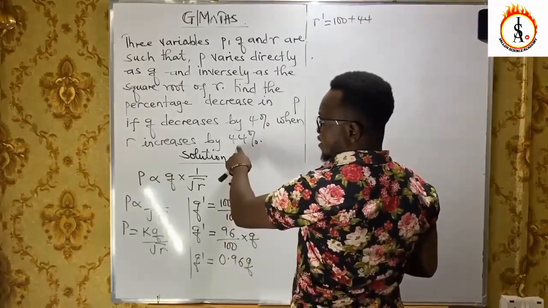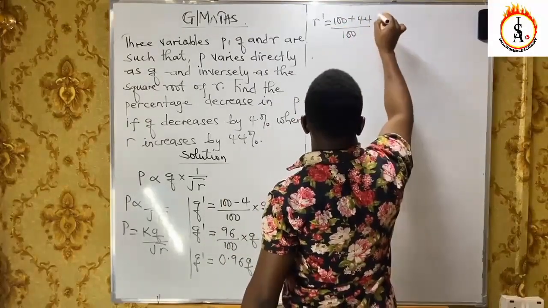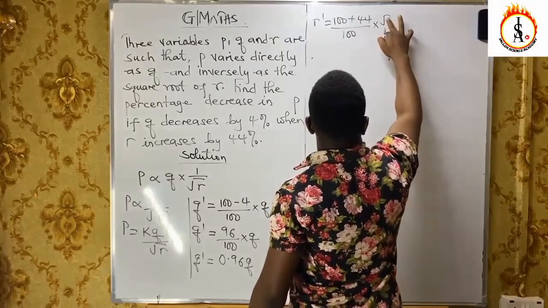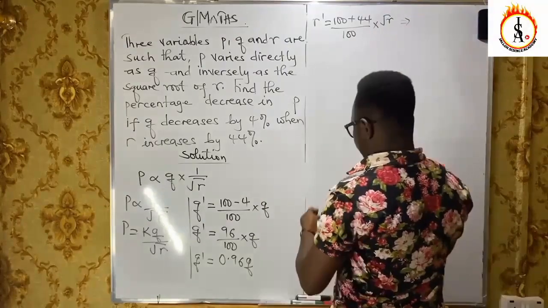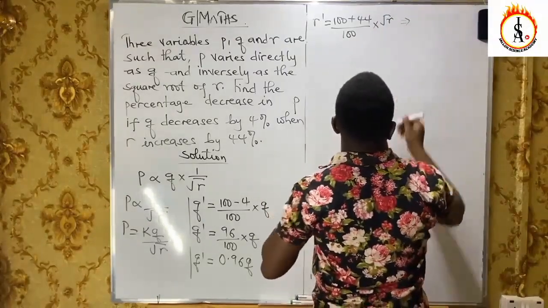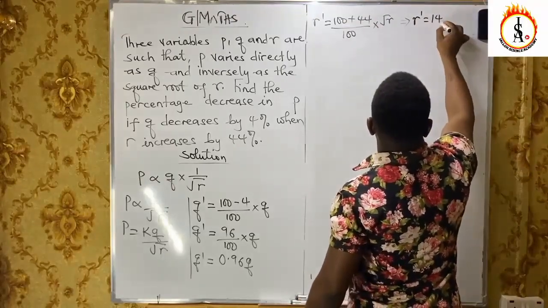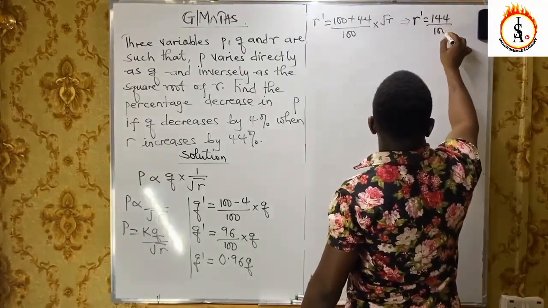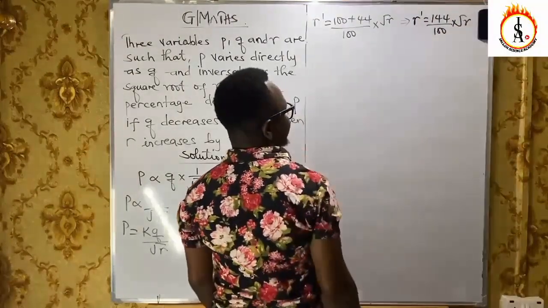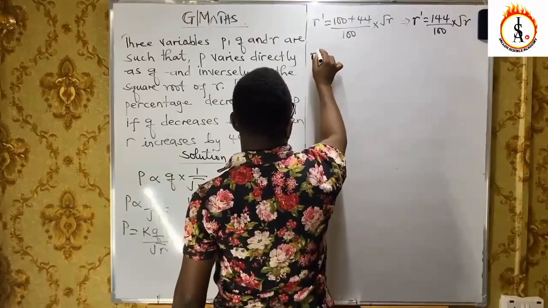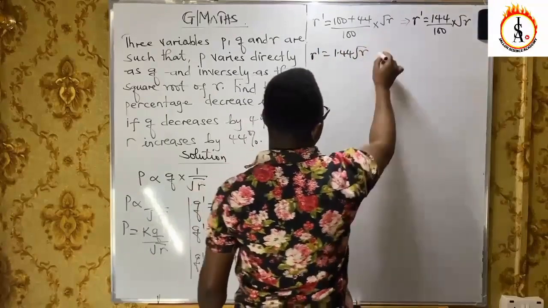We are adding because it is increasing, okay? Over 100 multiplied by root of R, which is the original. So this implies that R prime is equal to 144 divided by 100 multiplied by root of R. So 144 divided by 100, R prime will be equal to 1.44 root of R.